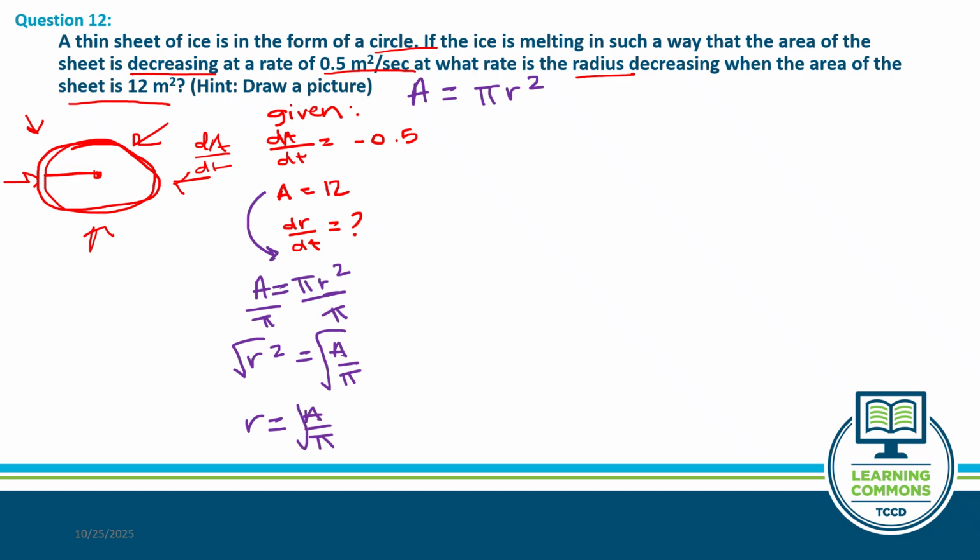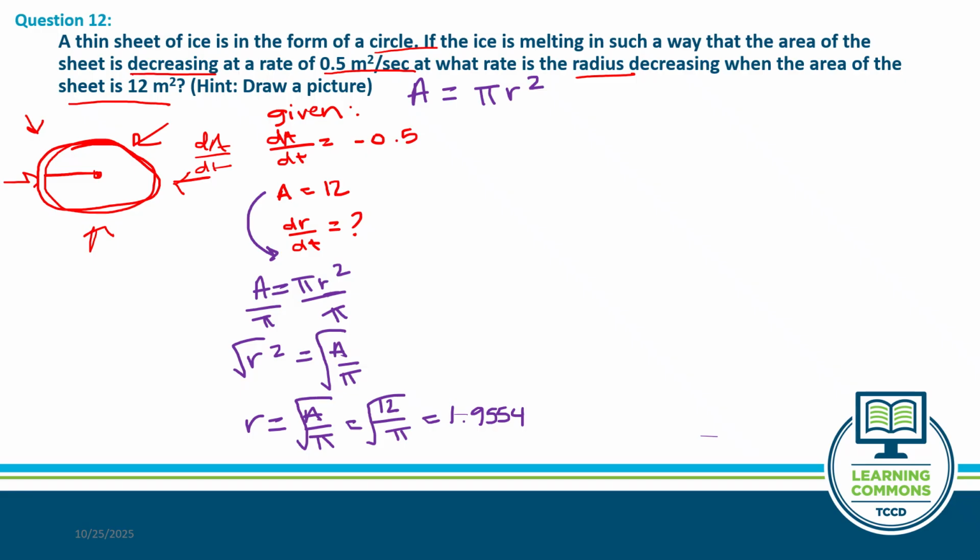So whenever I insert this into my equation, I'm going to put these numbers in. It should be the square root of 12 over pi, which will be 1.9554. So now I have radius.